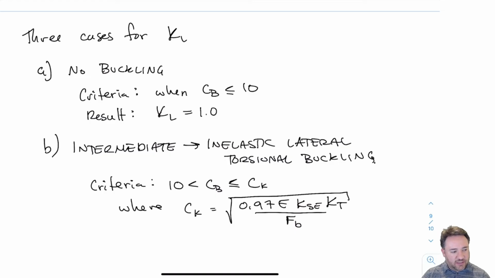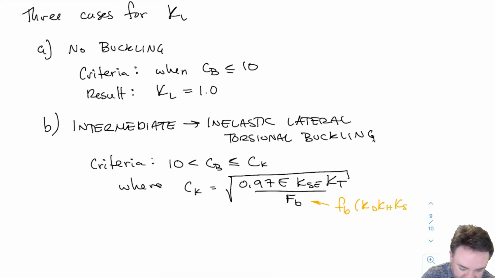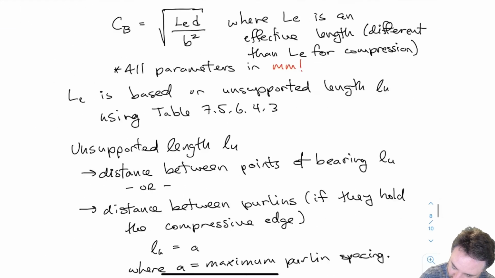And you see here the strength FB is coming into it, which is an indication that we are having some inelastic effects happening here. And this FB is the same FB that we had before, which is our small FB times KD times KH times KSB times KT, just like usual.